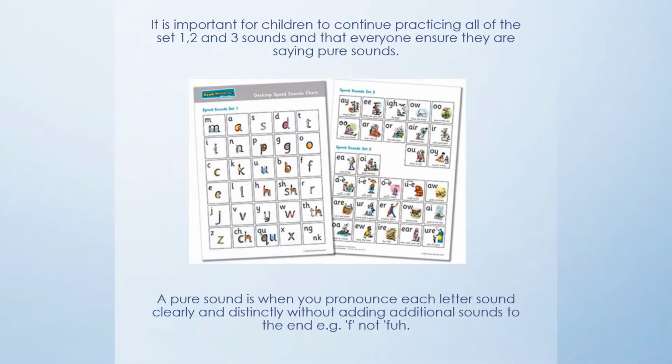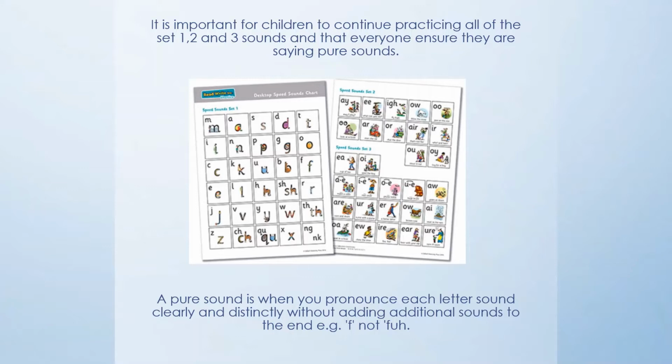So it is still really important that the children continue to practice all of these sounds. Here we can see the set 1 sounds that are on the first page. And then we also have the set 2 and 3 sounds on the second page. We continue to tell them about the sound so that they are still saying the pure sounds. Now a pure sound is when you pronounce each letter sound clearly.